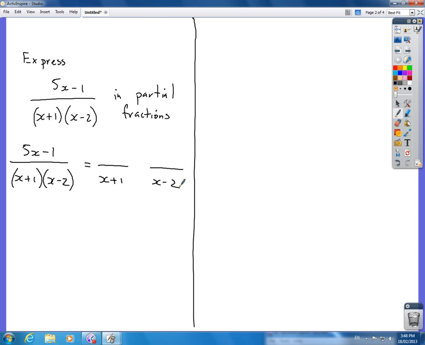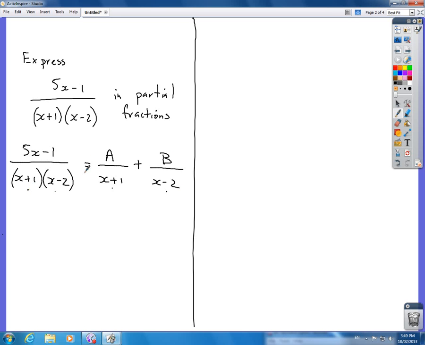And what we know is this is going to be the sum of two fractions. What we don't know is what the numerator is going to be of those two fractions. We know that these two denominators multiply together to make that denominator.